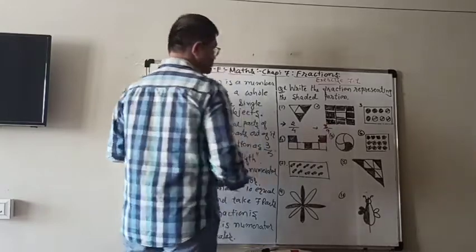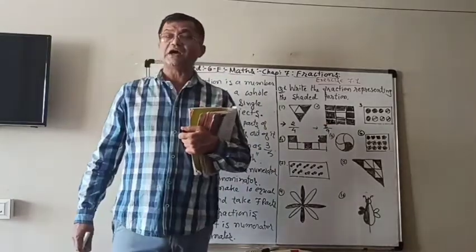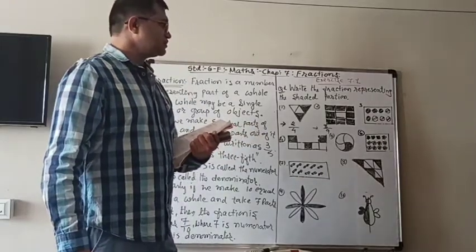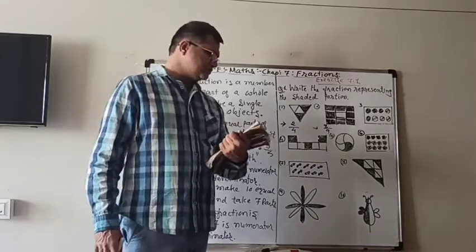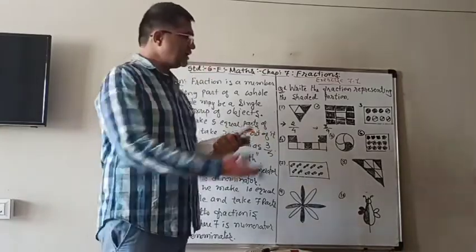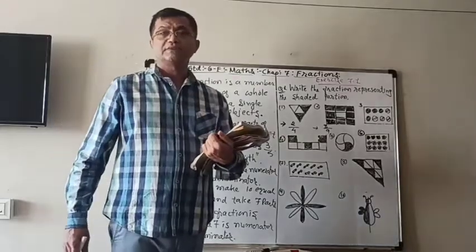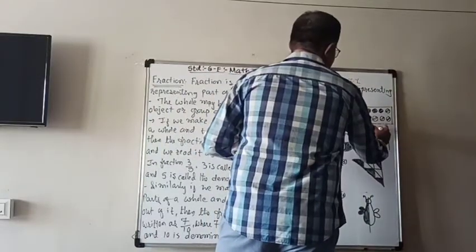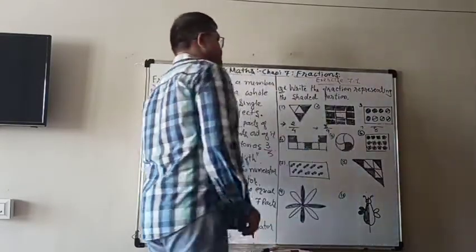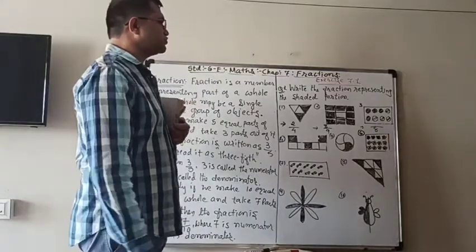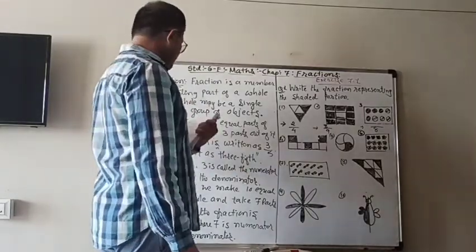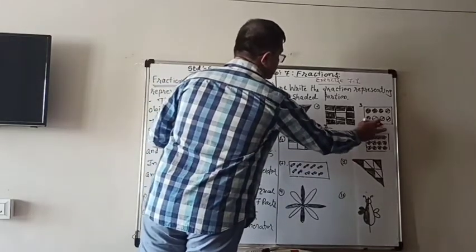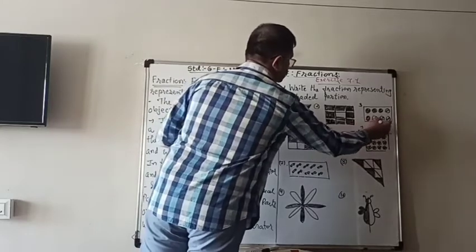So it represents the fraction 8 upon 9. In the third one, there are 8 equal balls, which means here they are a group forming the whole. Out of 8, so 8 will be written in the denominator, and out of the 8 equal parts, 1, 2, 3 and 4, 4 balls are shaded. So 4 upon 8 will be the answer.